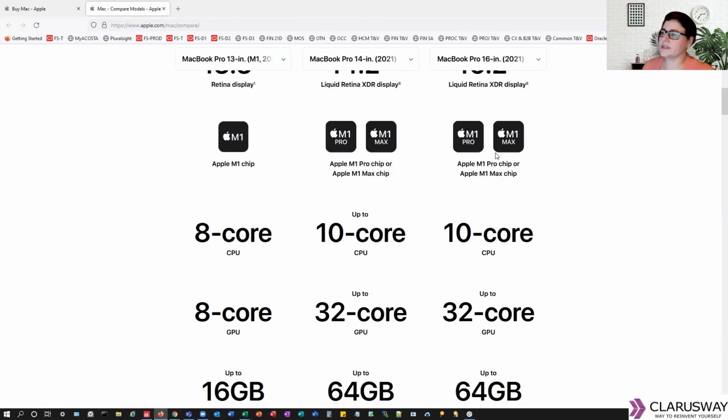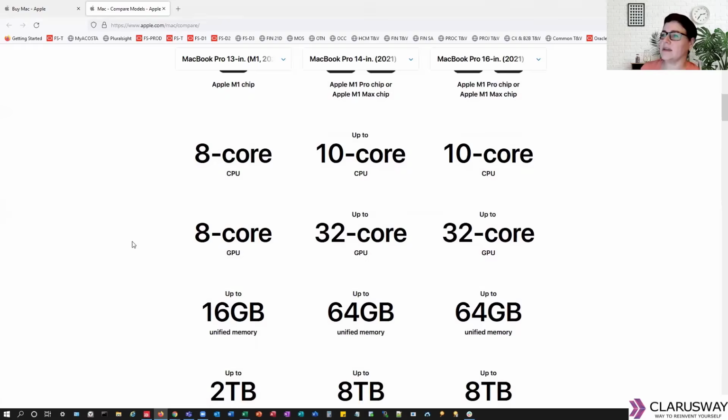Here's an important line item in terms of these computers, and it's relevant to what we're discussing today, and it is the processor, the chip that is included in the device. Apple has an M1 chip, and you can see the next one has a Pro chip or a Max chip, so different types of chips.